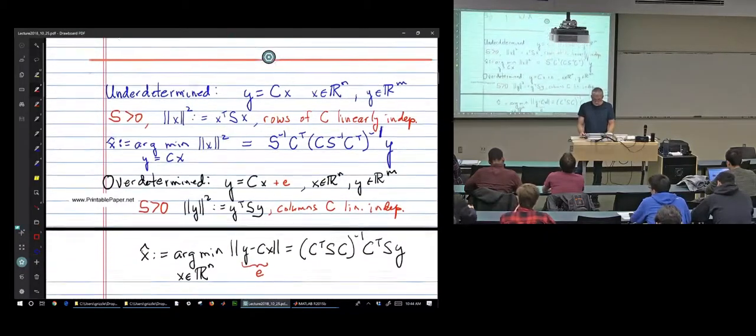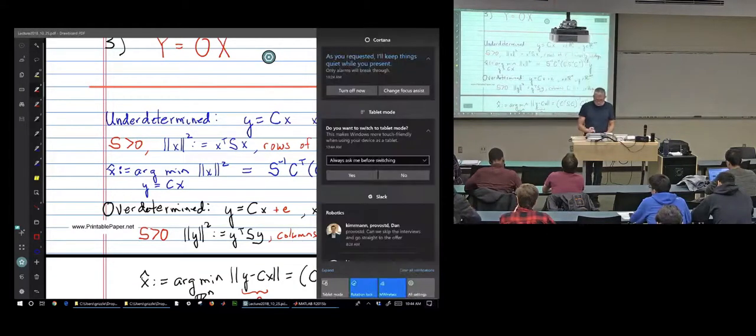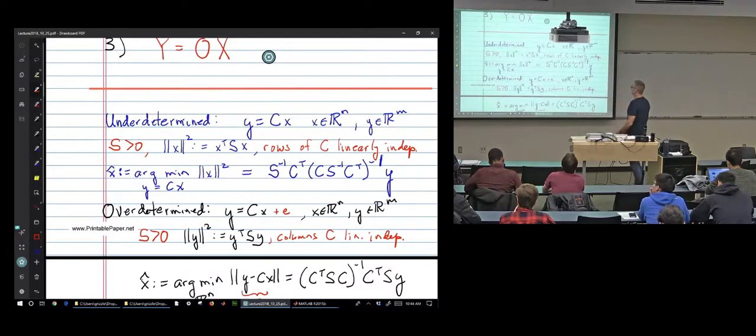So we're going back to estimation problems, and in the ones we've solved so far, there's no notion of randomness. They're just unknowns. The new one we set up was these underdetermined equations: y equals Cx, x is in Rn, y is in Rm, but there are fewer y's than there are x's.